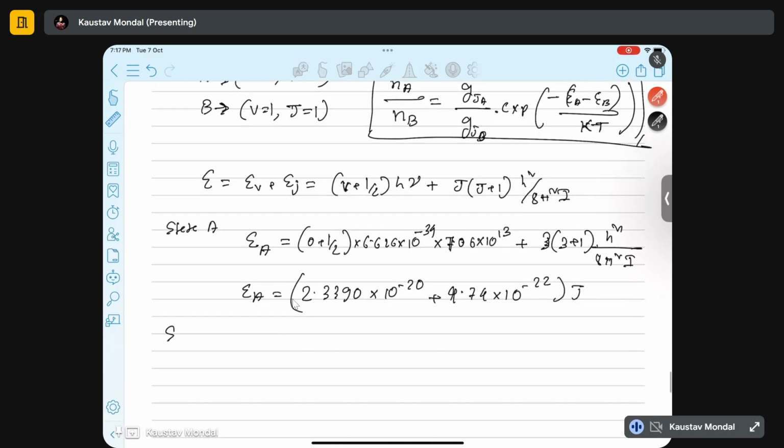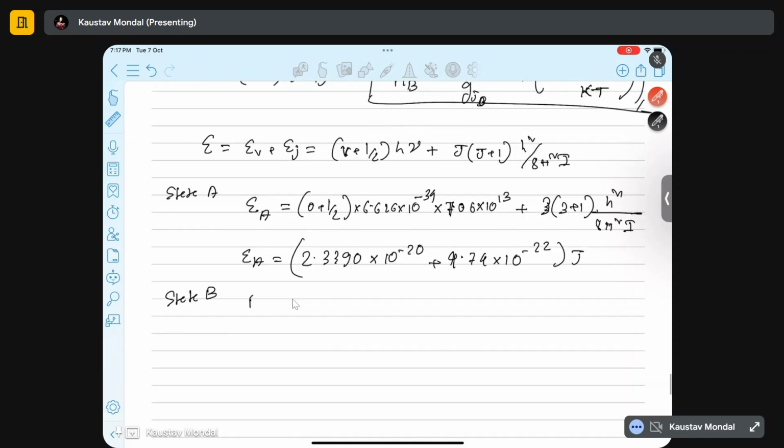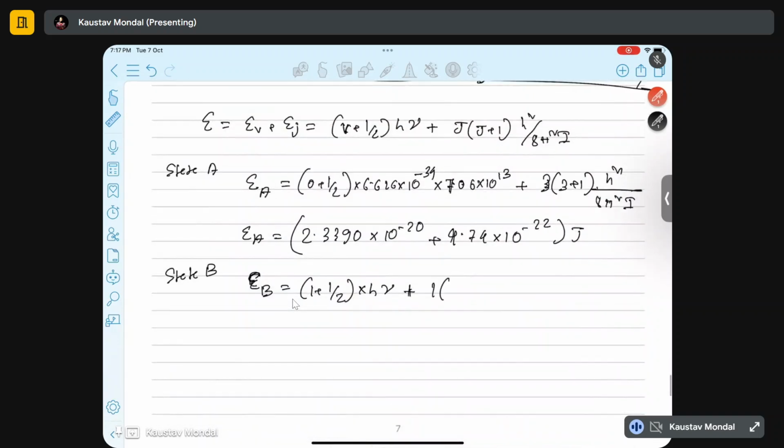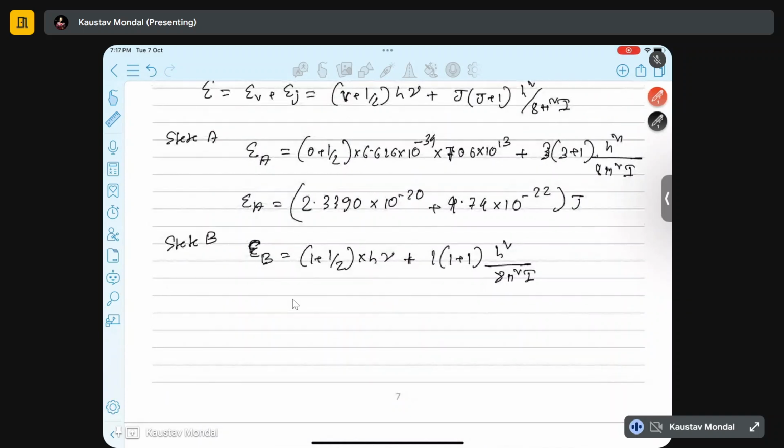Okay, for state B, E_B would be equal to (1 plus half) into h nu, plus, for B, J is also equal to 1, so 1 into 1 plus 1 into h square by 8 pi square I. Similarly here, if you do the calculation, the first term would be 7.0170 into 10 to the power minus 20 plus 7.904 into 10 to the power minus 23.